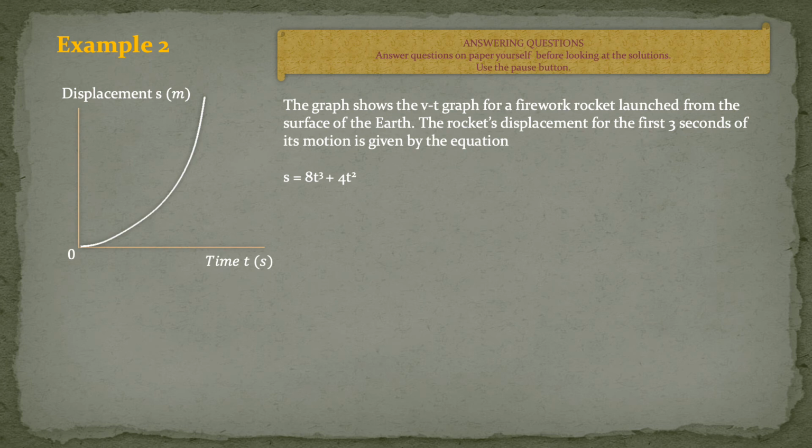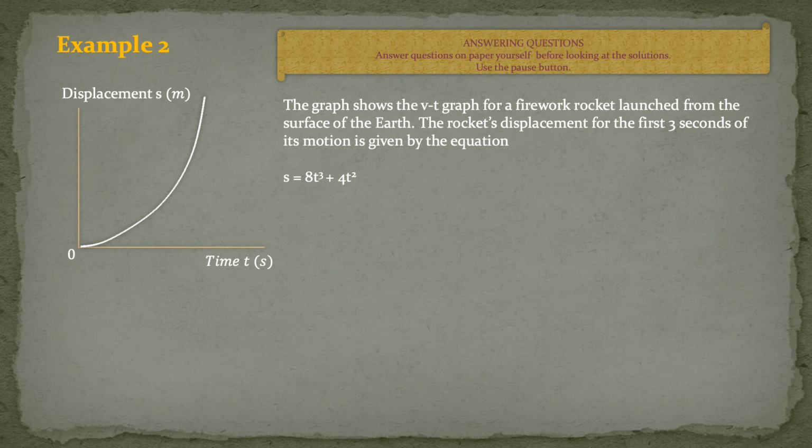In this particular case, the rocket's displacement for the first 3 seconds of its motion is given by this equation. S equals 8t cubed plus 4t squared. Now that does not fit into the standard s equals ut plus a half at squared type of shape. And so as soon as we know that equation, we can tell that this is definitely not a uniform acceleration.